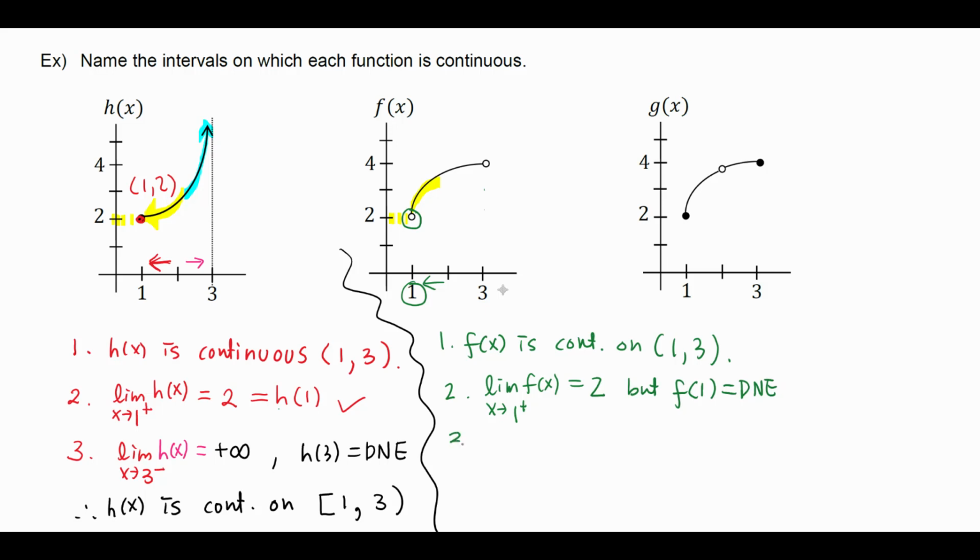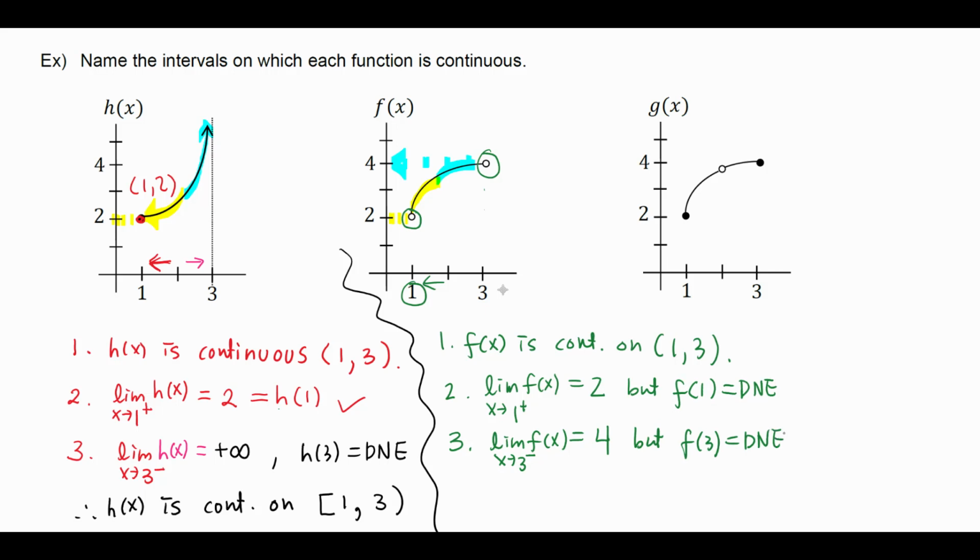What about the other endpoint? You can see the same thing happens here. Limit as x approaches 3 from the left of f of x is, what is the limit value, guys? Limit is 4, right? But again, f of 3 does not exist.